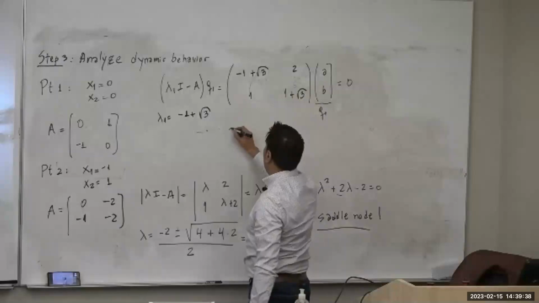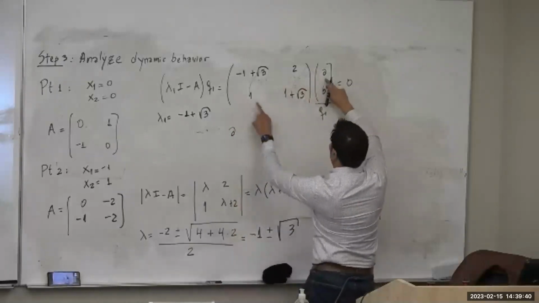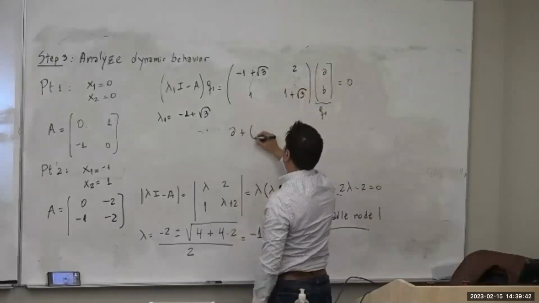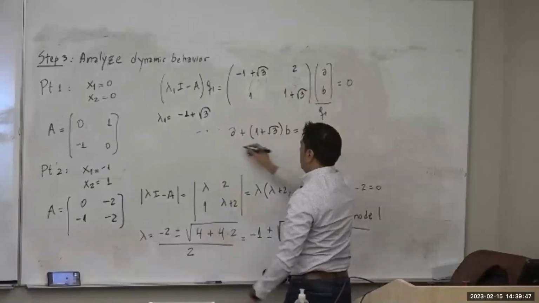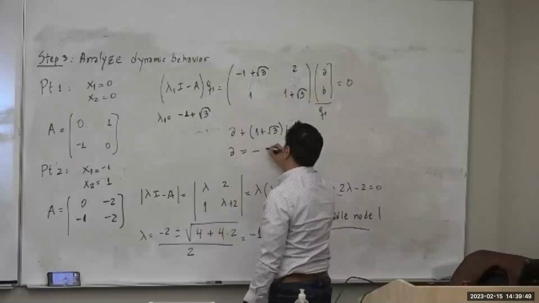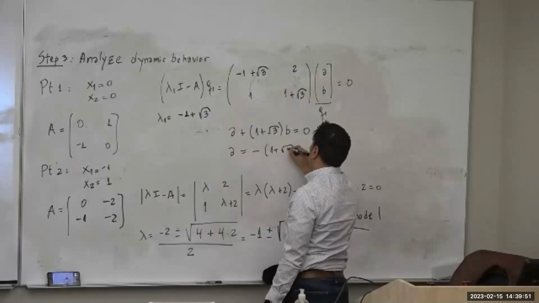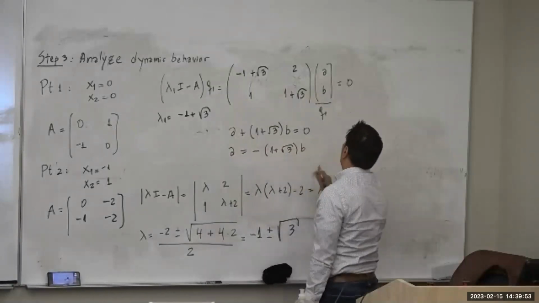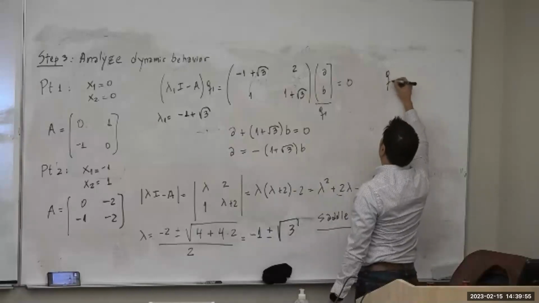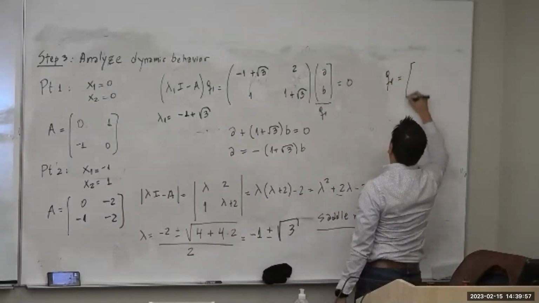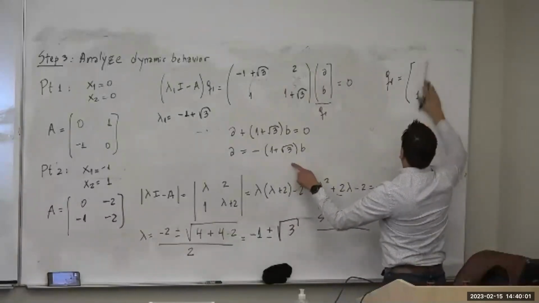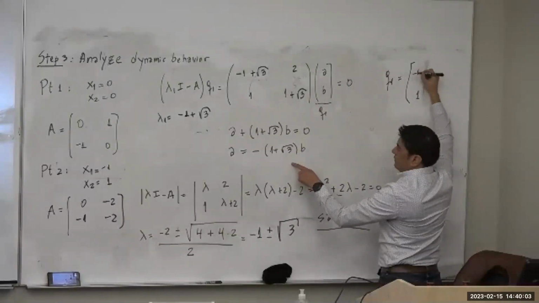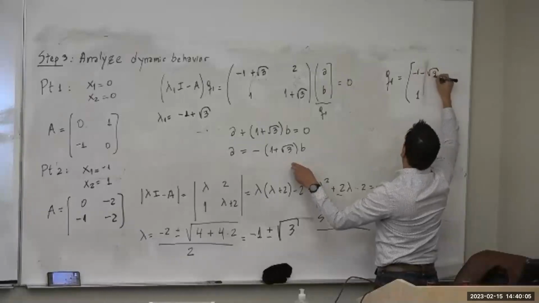The second equation says that 1 multiplied by A, plus this, B, is equal to 0. So the conclusion is that A is going to be the negative of this. So if we pick B to be equal to 1, then the first term is going to be negative 1, negative the square root of 3.